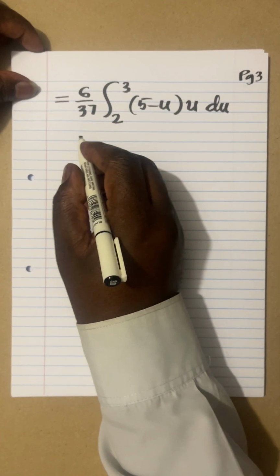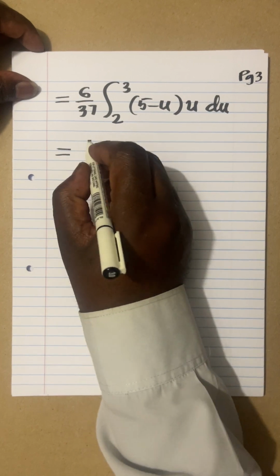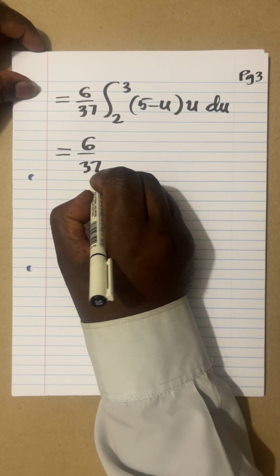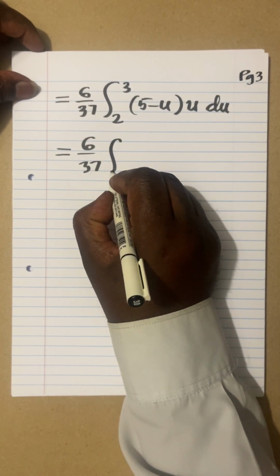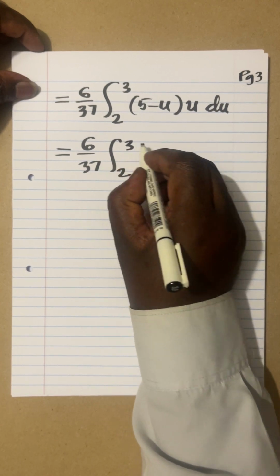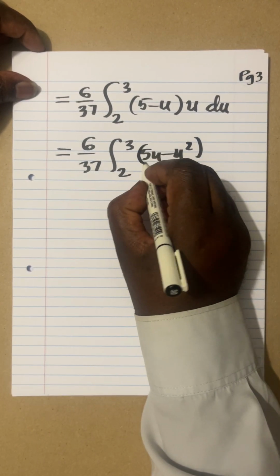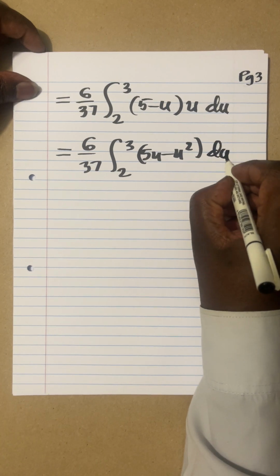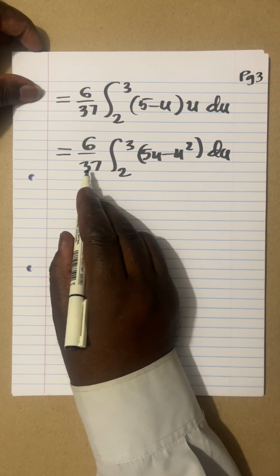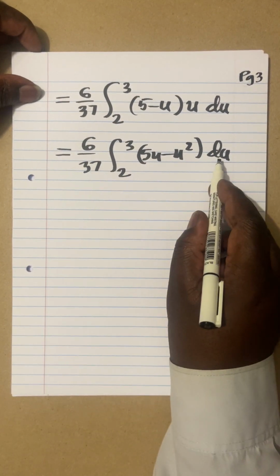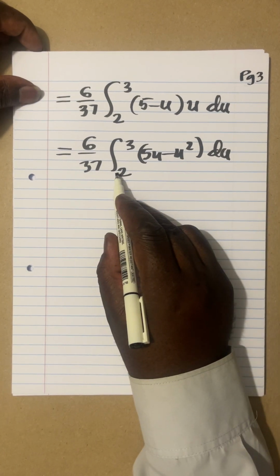So we're going to expand that. Now I'm going to keep the constant outside, 6 over 37, and I'm saying the integral from 2 up to 3 of 5u minus u squared. You distribute this u, and we have du. Now I'm going to keep this one outside, and I'm going to distribute the du and the integral.